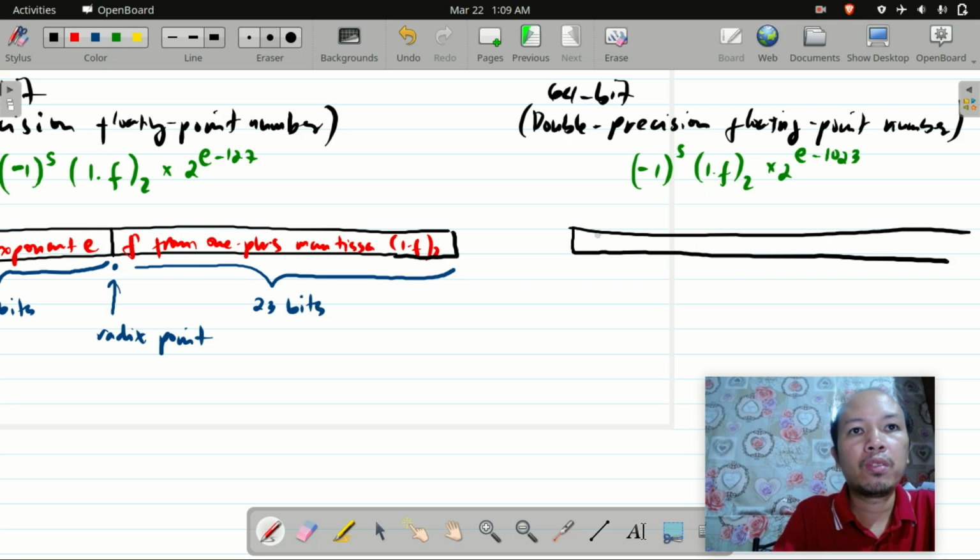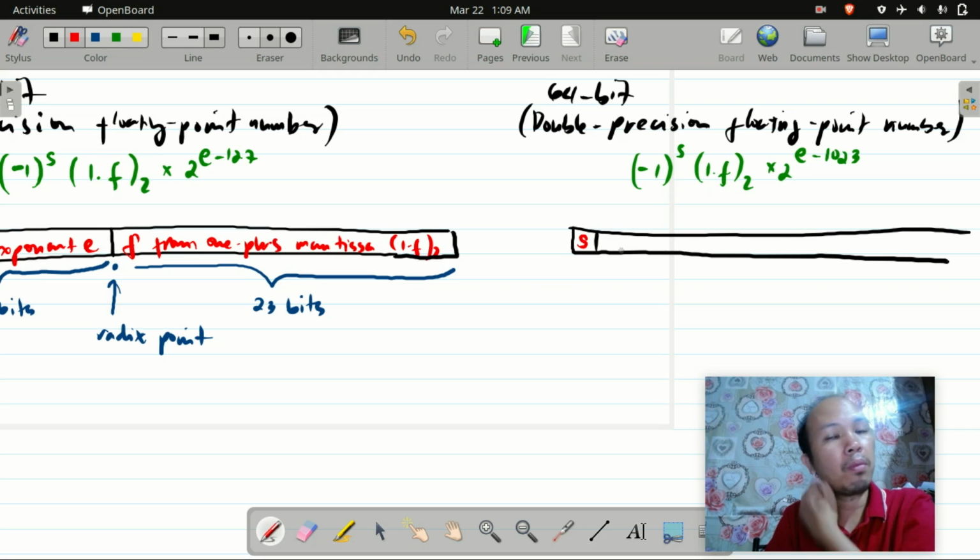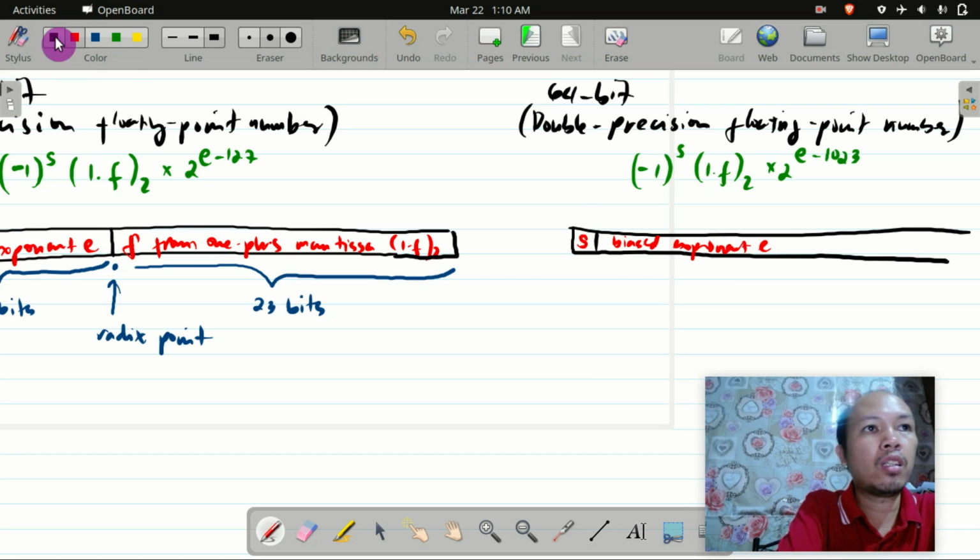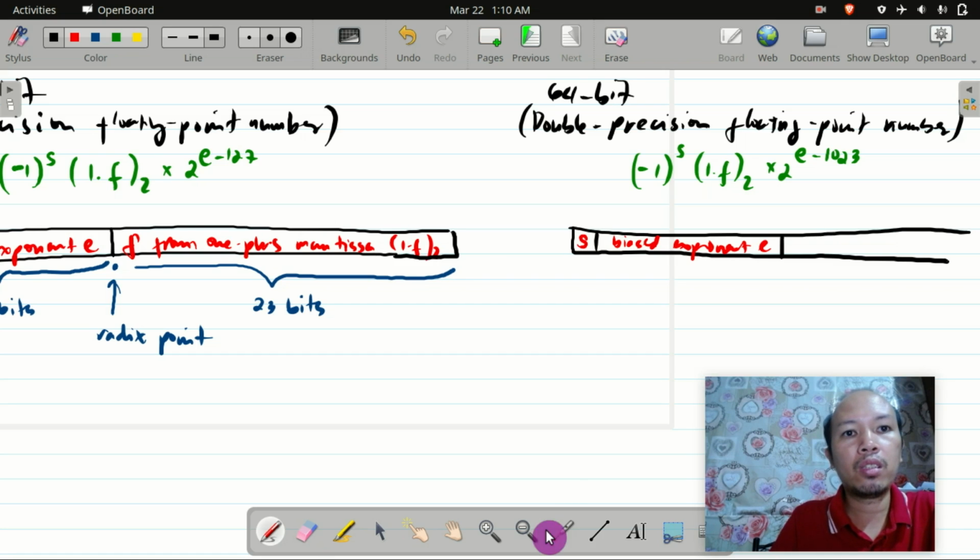For this first bit, we have the sign bit, plus minus or 0 1, then the bias exponent E, and then after this is the f from the 1 plus mantissa, this notation, this one here.